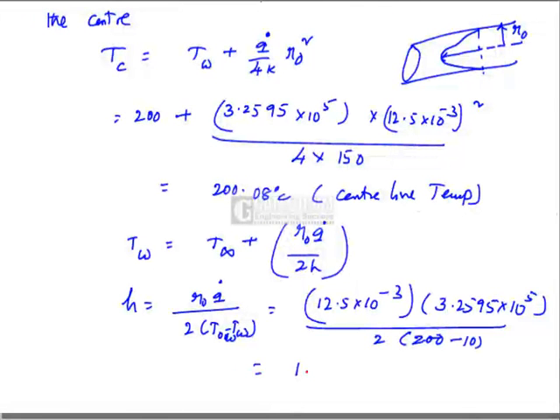The H value will be 10.72 watts per meter square Kelvin. By seeing the H value, we can say that it is free convection from the surface of the wire to the surrounding fluid, that is air. Hence the problem. Now I shall do another problem given on fins.